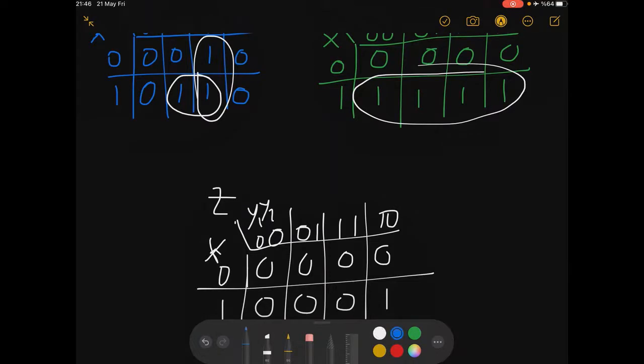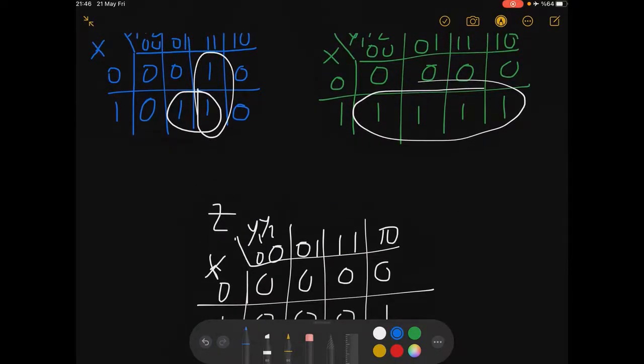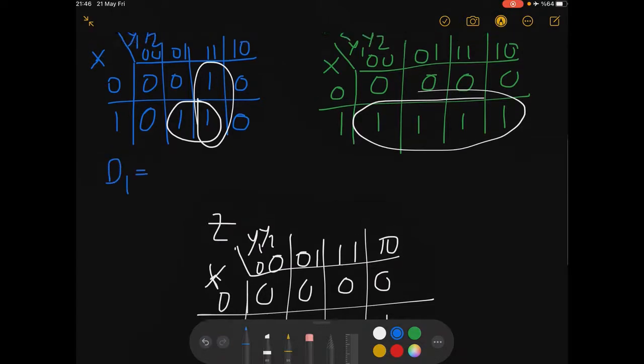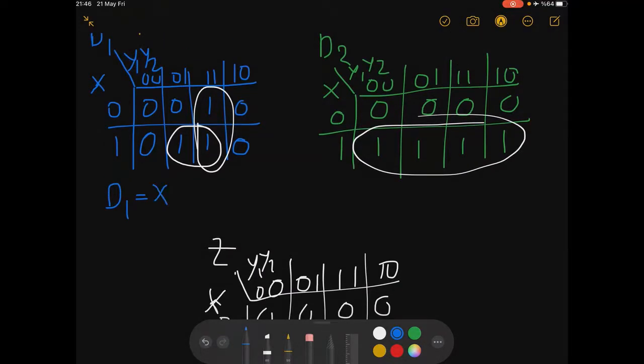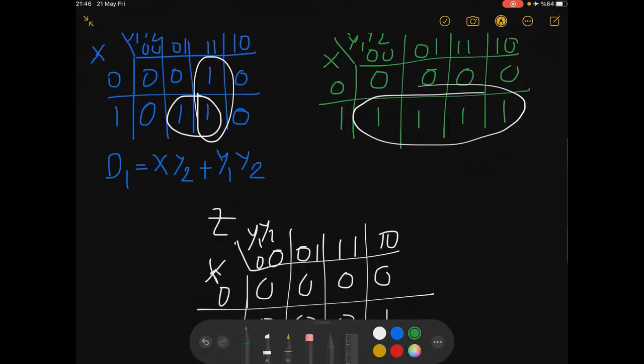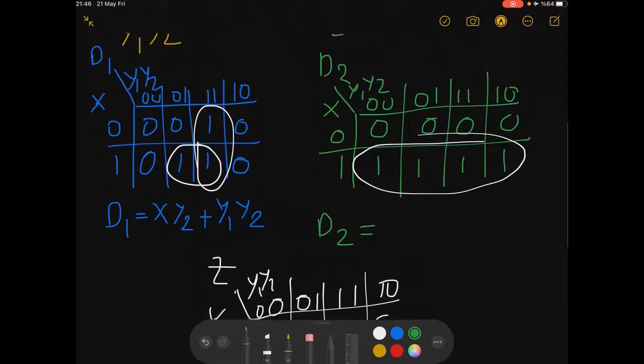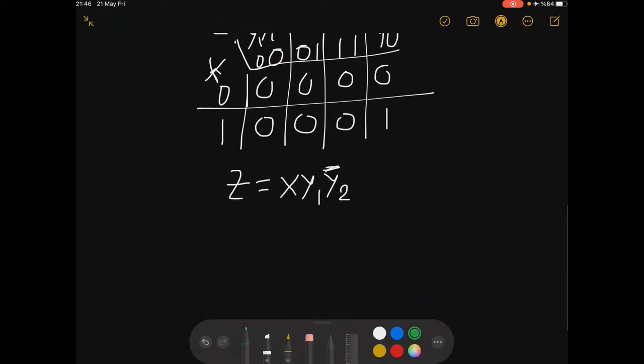I think something is on the way that your D1 should be X, Y2 plus it should be Y1, Y2, perfect. And for D2, you will have just X, that's it.